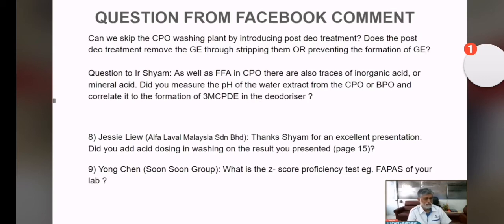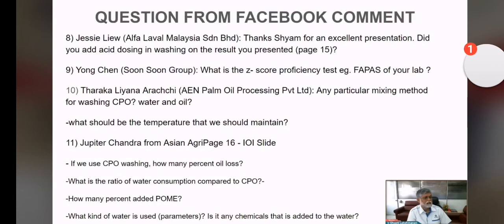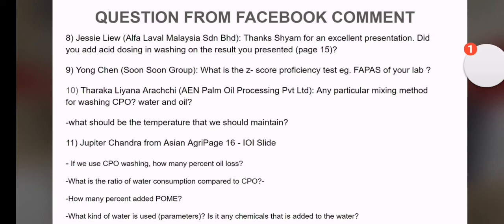Okay. I think the question is already answered. We move on to 9. Sun Group. Oh, I can see that now. What is the Z-score proficiency test example FAPAS of your lab? This is a little bit beyond me. Who can answer this question then? Not me.